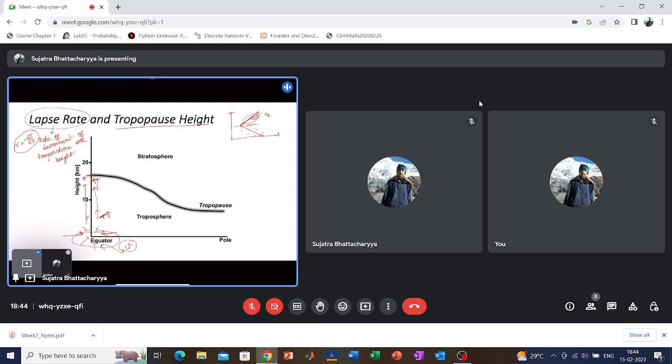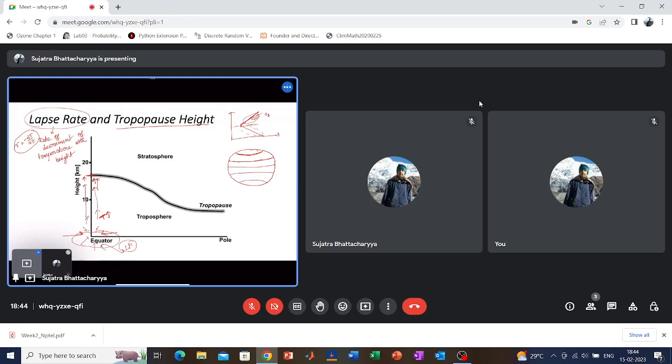It can be explained using a general circulation model, but I will give you some insight into this. So this is the earth, this is the equator, this is the subtropical high pressure belt, and this is the subpolar low pressure belt. Again, this is the subtropical high pressure belt in the southern hemisphere, and this is the subpolar low pressure belt.